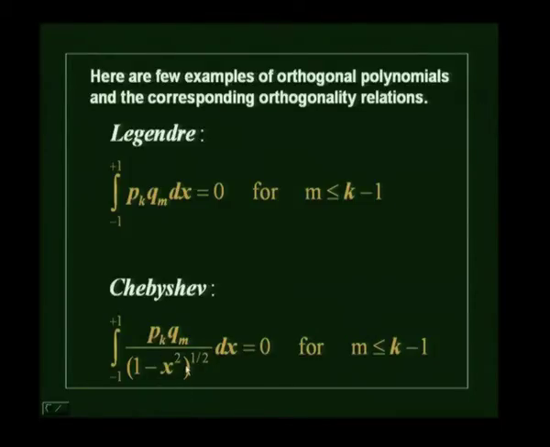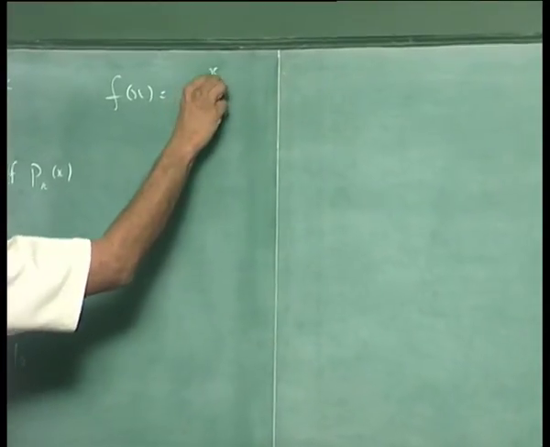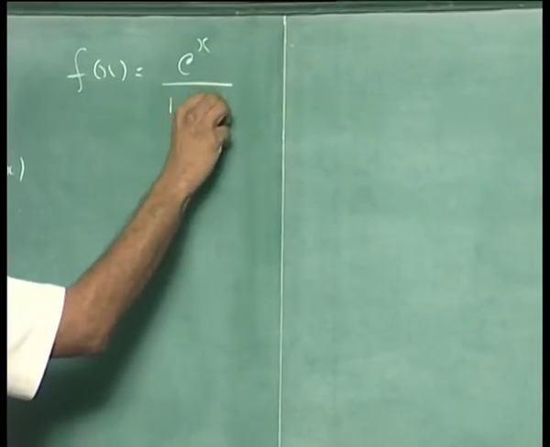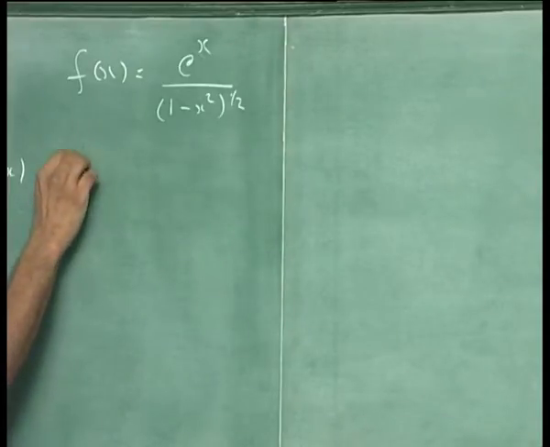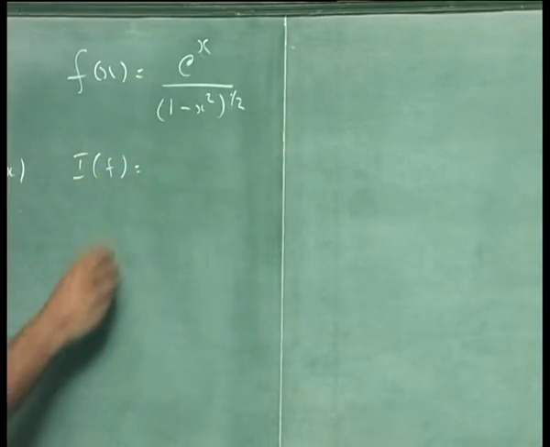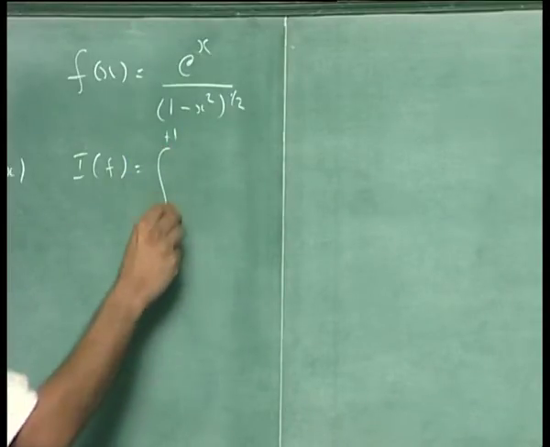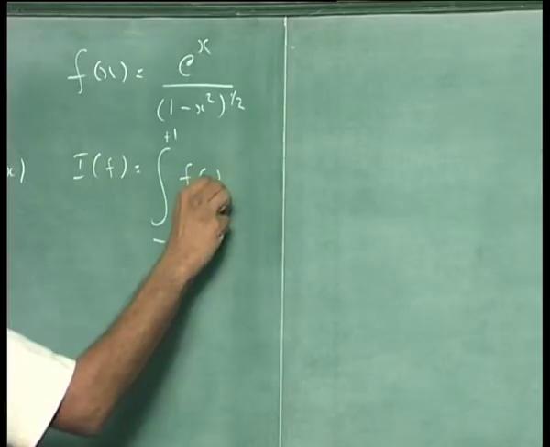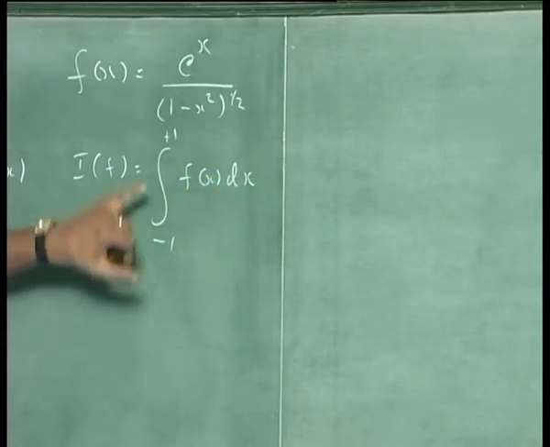If the function given to you was of this form, let us say f of x as e to the power of x divided by 1 minus x squared to the power half, and you are asked to compute I of f numerically between the limits, let us say minus 1 to plus 1, and you want to compute that quantity. A normal method would be difficult because in these limits this would diverge.